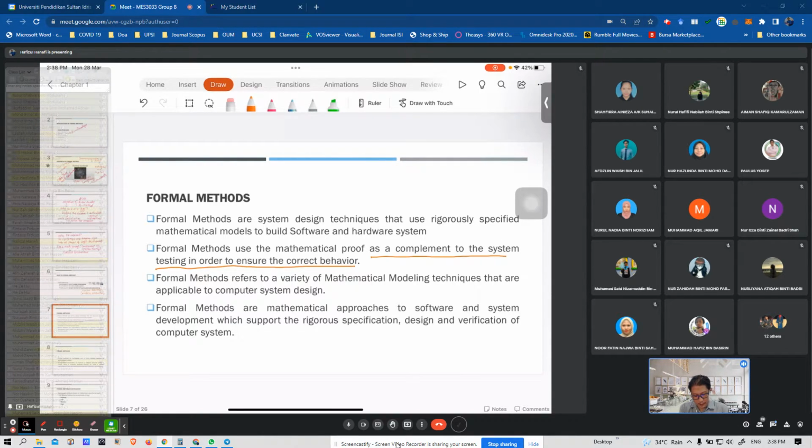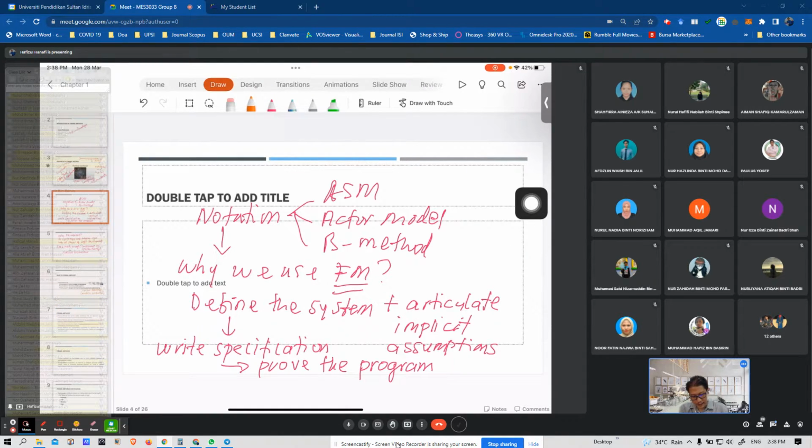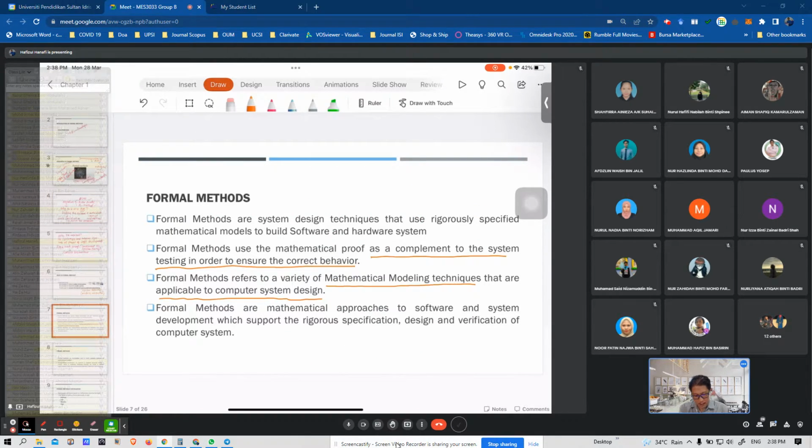And then formal method refers to a variety of mathematical modeling techniques that are applicable to computer system design. Okay, yang ni kita dah tengok tadi, at the first ni, we are using ASM, we are using the actor model, and then we are using the B method. And then formal method is a mathematical approach.